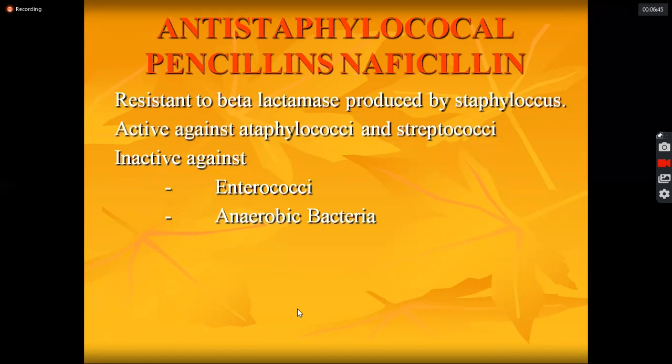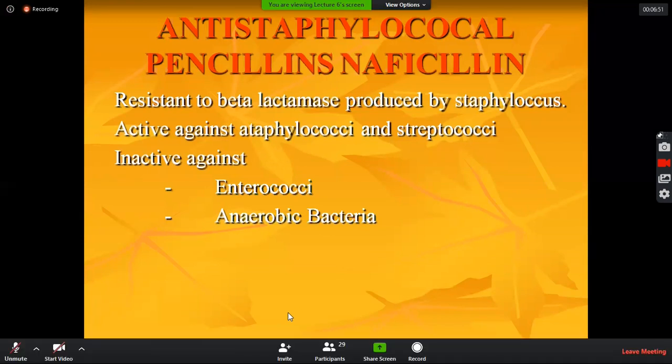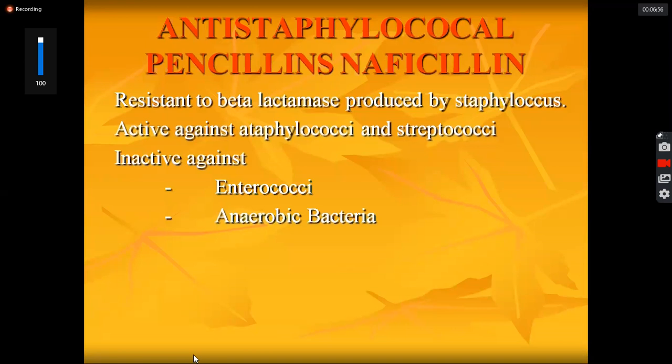So there was a need to come up with a group that is active against these beta-lactamase producing staphylococci. So this is the group of anti-staphylococcal penicillins that are active against those agents which are producing beta-lactamases. They are active against staphylococcus and streptococcus producing beta-lactamases, but they are inactive against gram-negative bacteria, enterococci, and anaerobic bacteria.